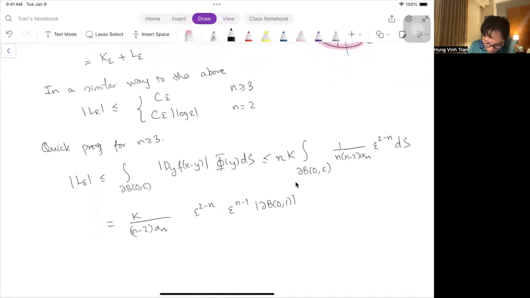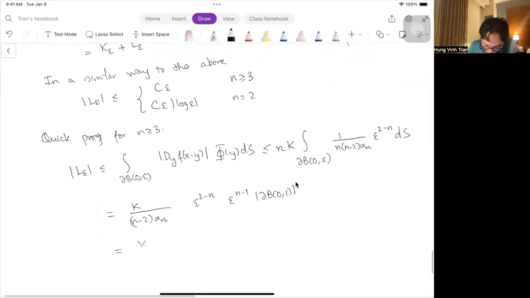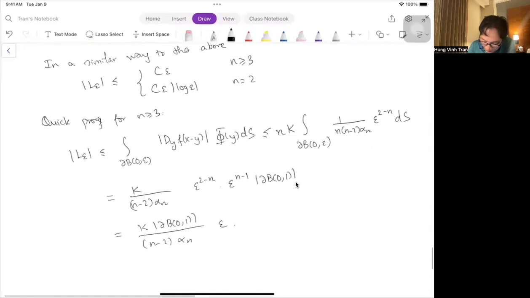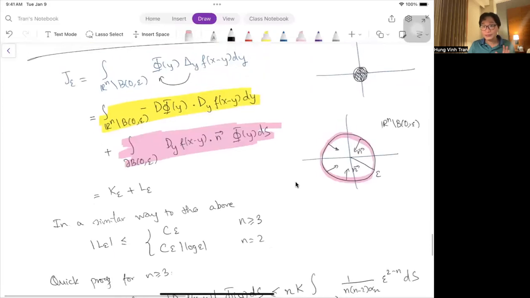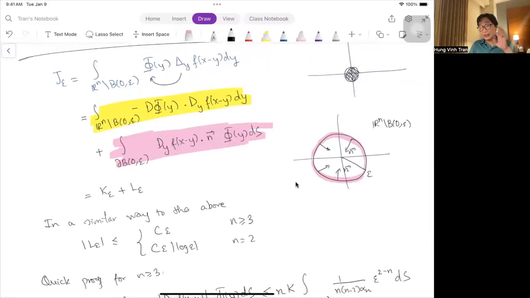So this is k times the surface area of the unit sphere over n minus 2 times alpha n, times epsilon. So clearly this goes to 0 as epsilon goes to 0. Okay, so we can get rid of this L epsilon term. We have many error terms, but all of them vanish as epsilon goes to 0.